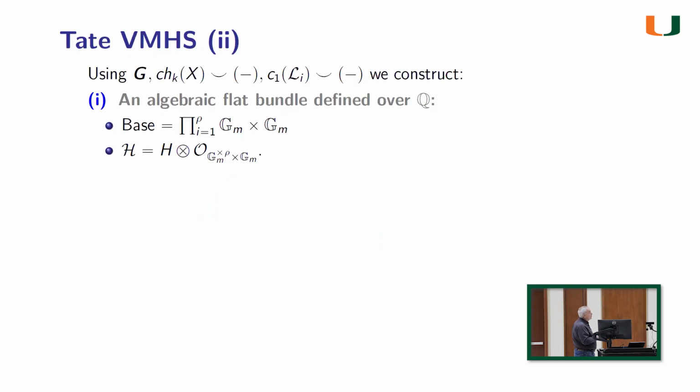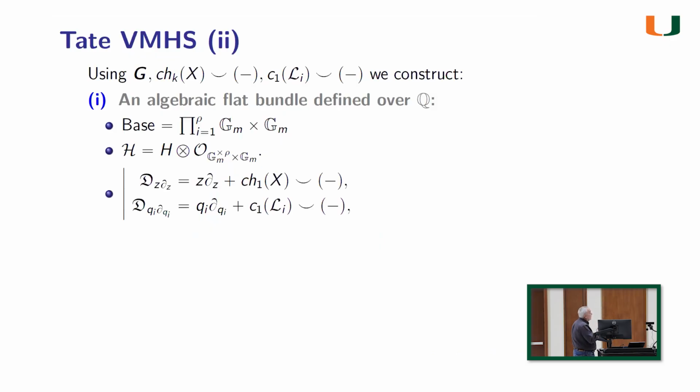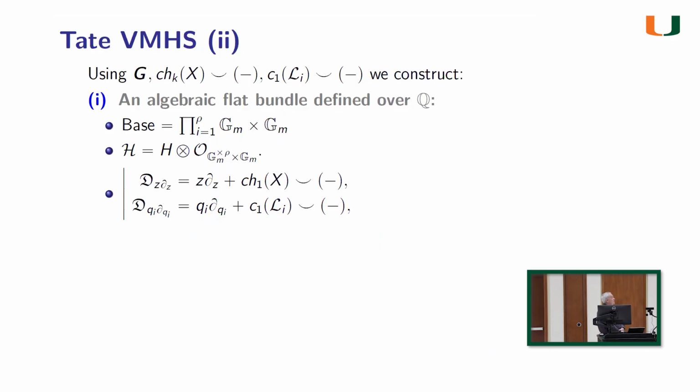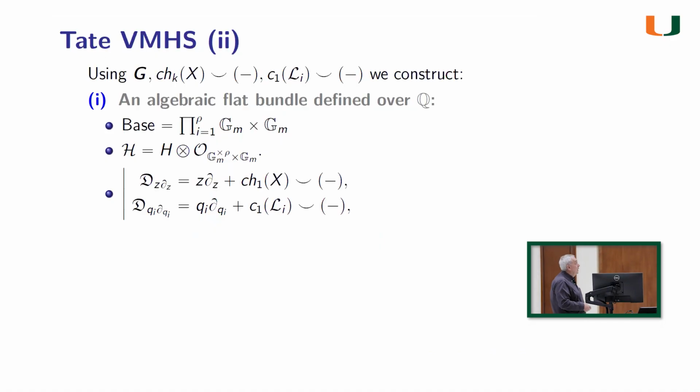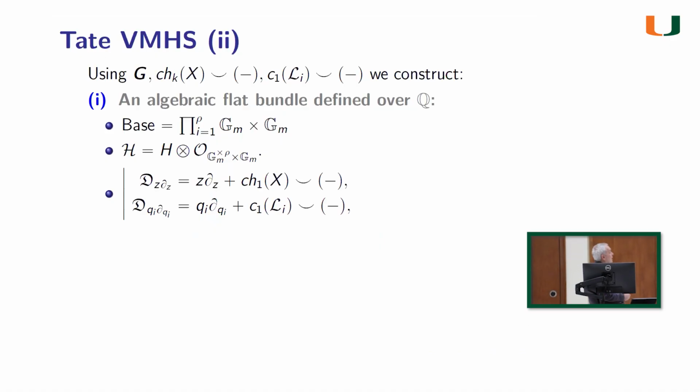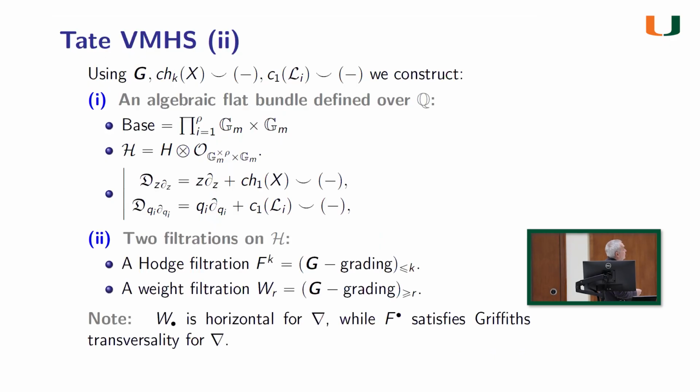We'll have a trivial bundle on top of that. There will be a connection, which looks like the classical connection we discussed before. It's a product with the first Chern class of X and the first Chern classes of these line bundles that generate the Neron-Severi group. So this is like a small classical cohomology D module, only along H2.